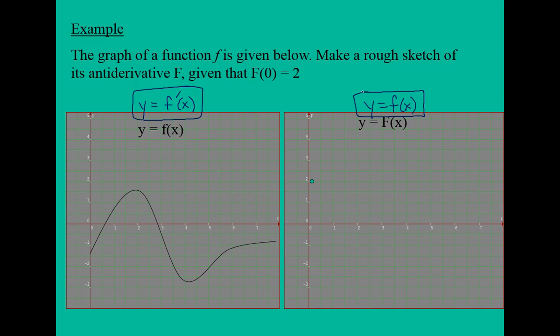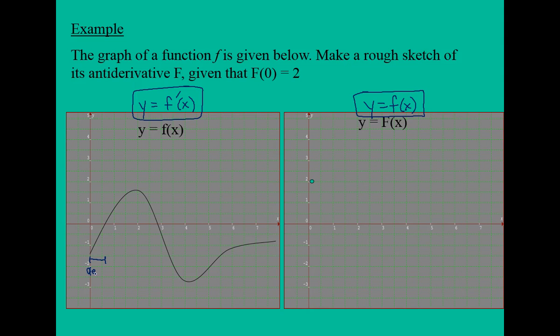So I look at the graph and I think, what does the derivative tell me about a function itself? I know that if the derivative is negative, the function itself is decreasing, and if the derivative is positive, the function is increasing. So looking at this graph, it is negative from about 0 to 0.6, let's say.